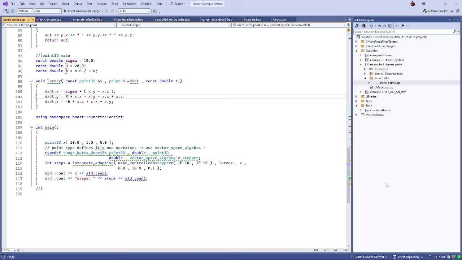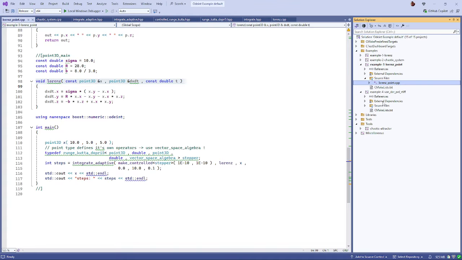If the state vector was represented as a std vector or as a std array, you would use indices, but here they're using members of the struct. So this is just the Lorenz system all over again, just like that first example that we looked at, but here they are using a custom data structure to hold the state of the system and the derivative. Otherwise, it's pretty much the same.